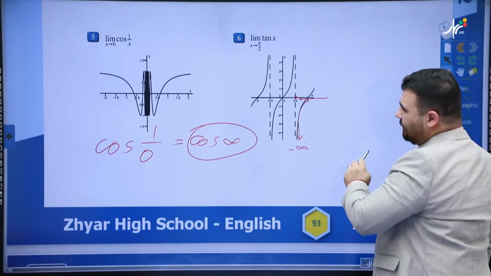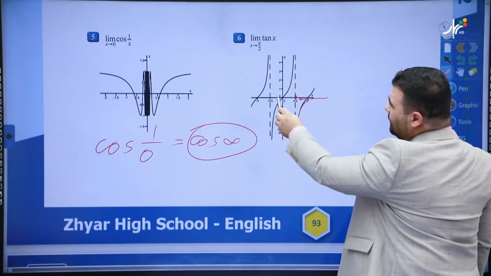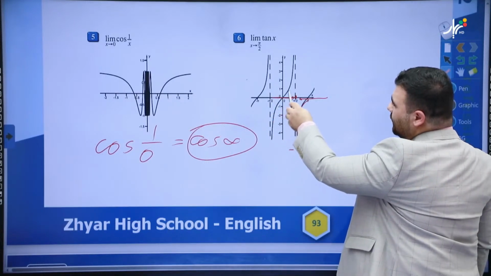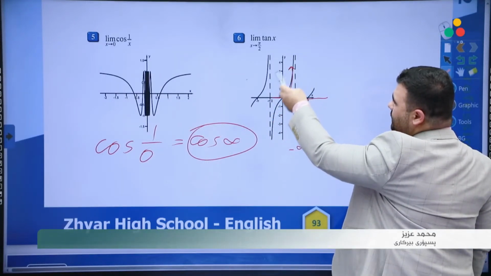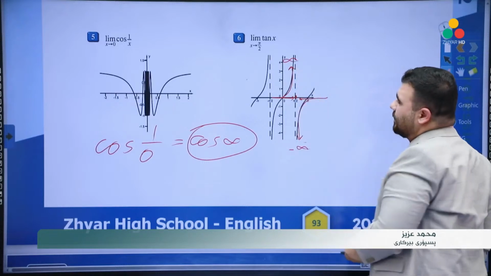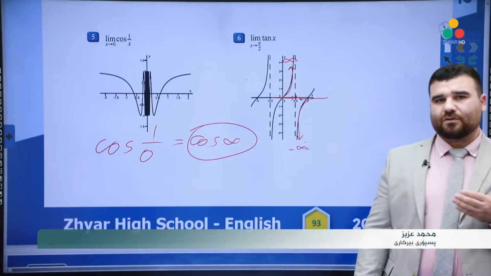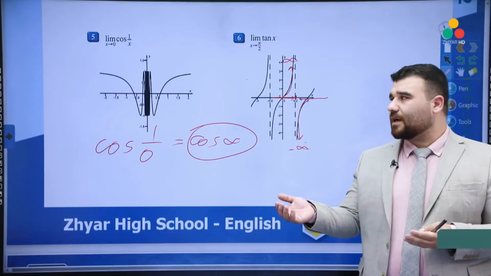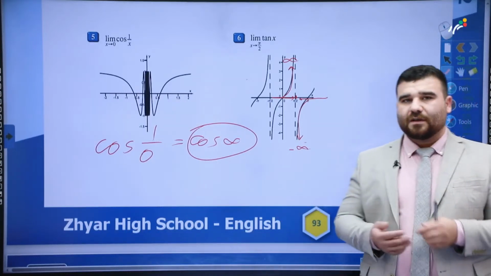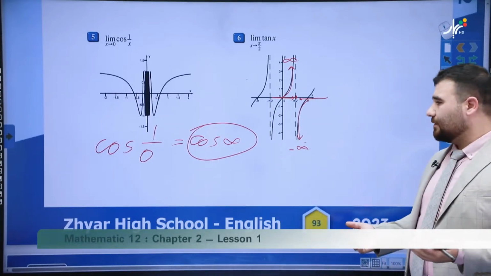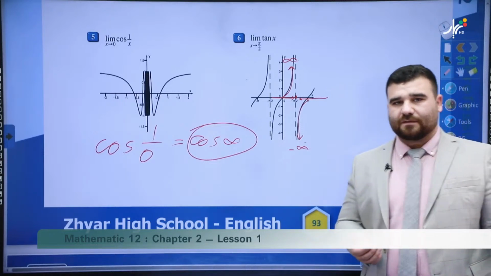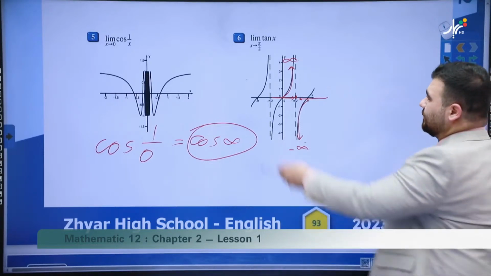It's considered negative infinity. On the left side, if I approach pi over 2, the graph is going up and it doesn't stop at any value. It's considered positive infinity. Then, as x approaches pi over 2, on the left side the result is positive infinity. On the right side, the result is negative infinity. Right is not equal to left, so the limit does not exist.